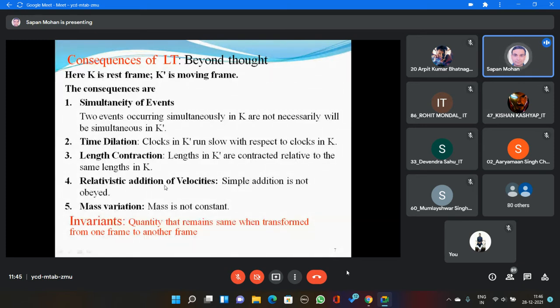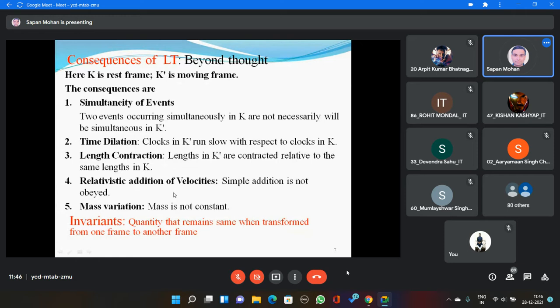Then again, relativistic addition of velocity. Simple addition is not obeyed. We will describe all these things and explain them with some mathematical support, how we can show these. Then mass variation. Mass is not constant. I think you know this mass variation: M is equal to m naught over root 1 minus v square by c square.